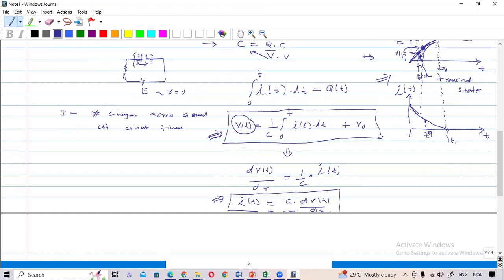It is e to the power of minus t over RC, and 1 minus e to the power of minus t over RC, that kind of equation. I can't remember that one exactly. So that is not much important here for us. But maybe you can remember these things you have already learned.